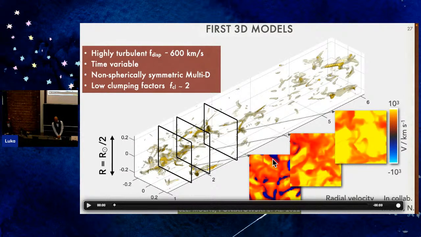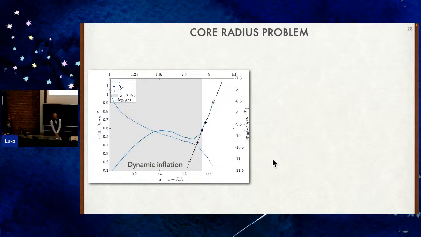To further analyze such models, let's also take the average radial velocity, where we average over time and over full lateral directions, and plot this radial velocity as a function of radius. Here you can see it in a solid blue line.